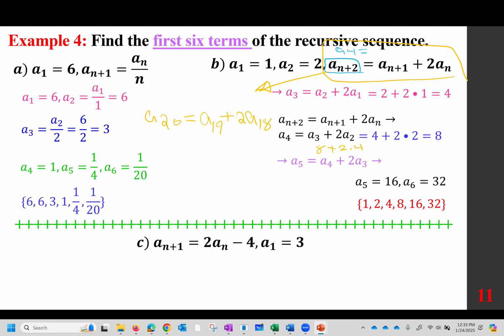All right, this one indicates that A sub n plus 1 is 2 A sub n minus 4, A sub 1 equals 3, meaning if you want a term, go to the previous one, multiply by 2, subtract 4.